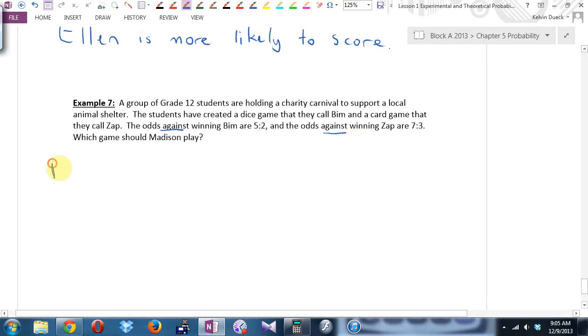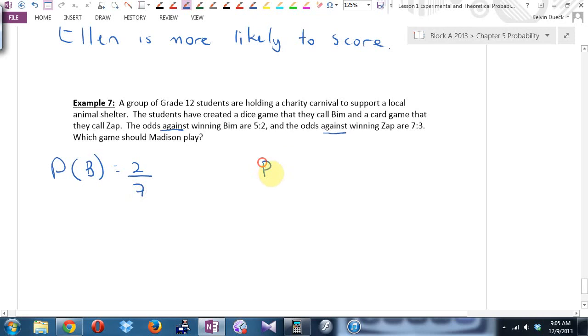So what's the probability of winning BIM? Can you see how you get it from the odds there? 2 out of 7.